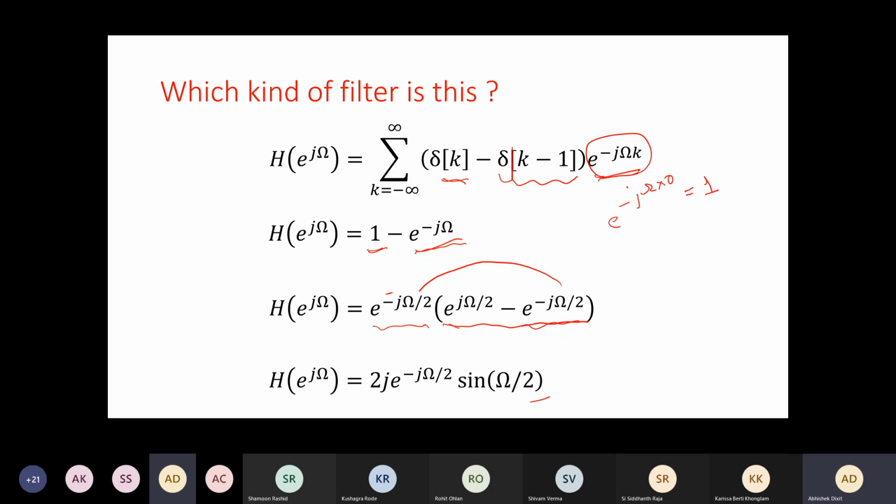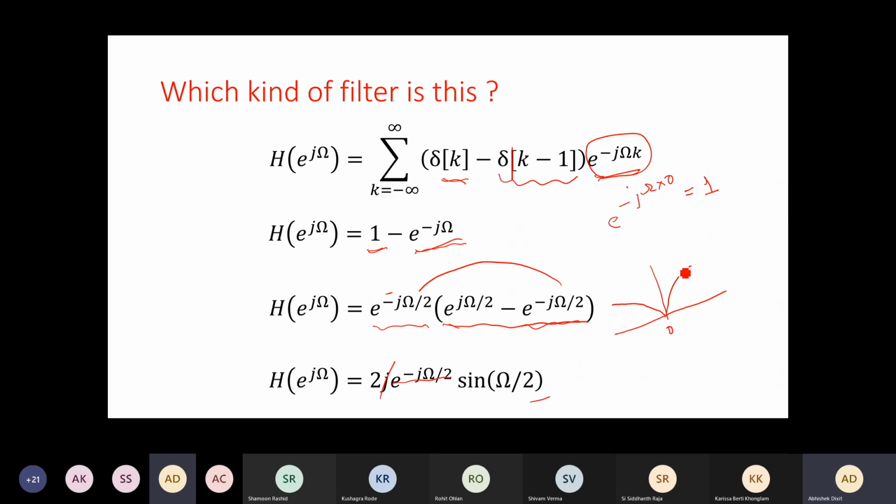Once this is known to us, we have to find out the mod of H(e^jω). Mod means this will cancel and this will also cancel. So simply this is some sine function. If we plot the sine function, it is like this. So it's 0 and at pi, not pi.